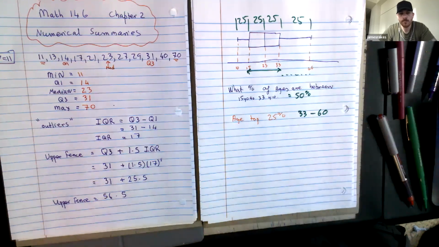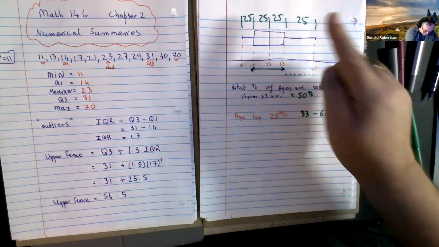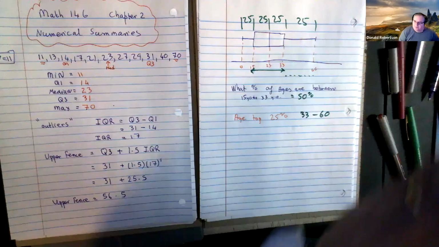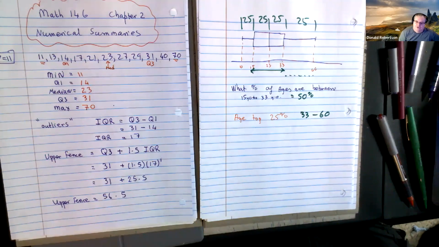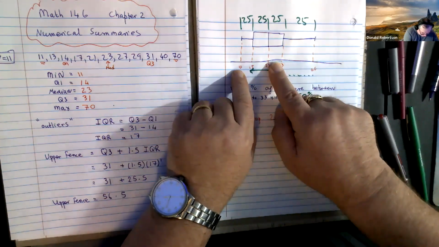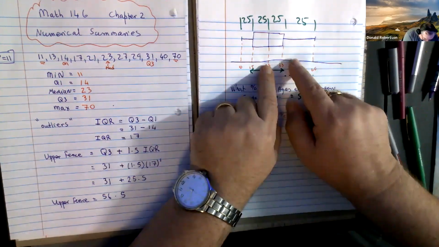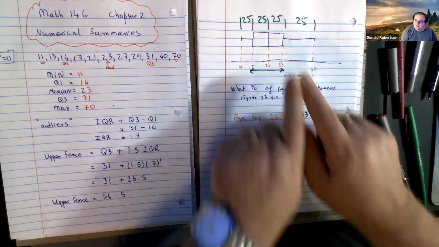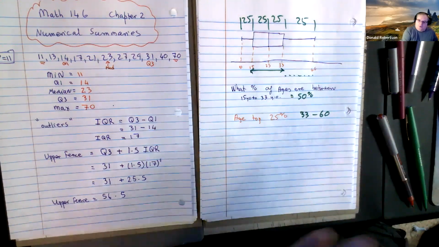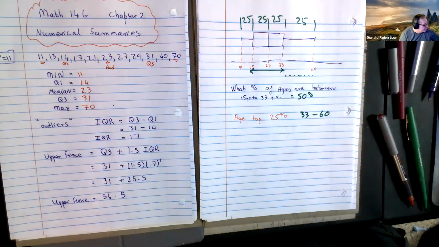So you get questions like that where you need this with the idea that each section is 25% of all the people. And you can use it to get what percentage of people are from 10 to 23 years old. Answer 50%. What percentage are 23 to 33? 25%. Right? What percentage are in the top 25%, bottom 25%? All those kinds of questions. Okay, got nods. I like nods.